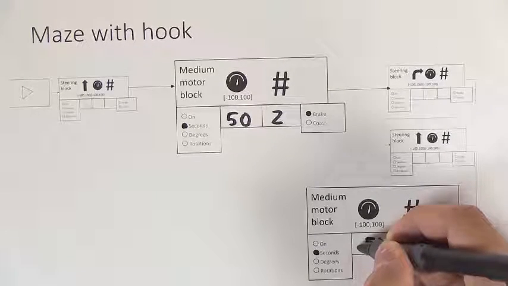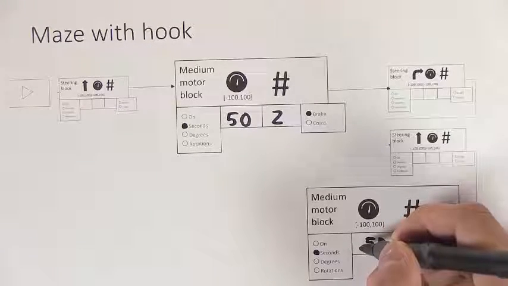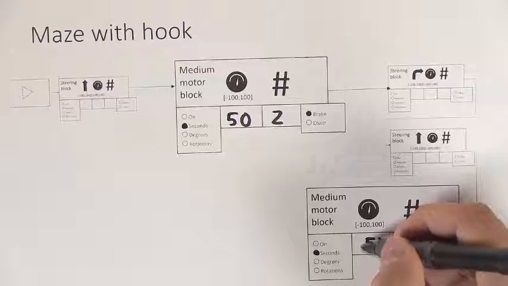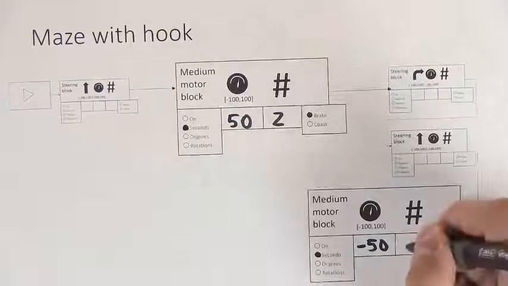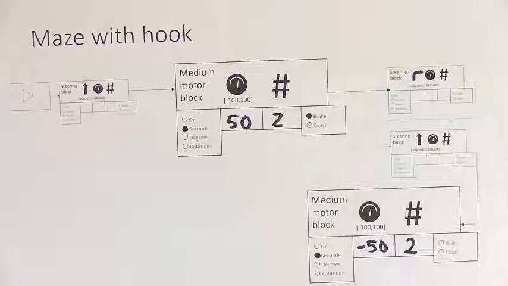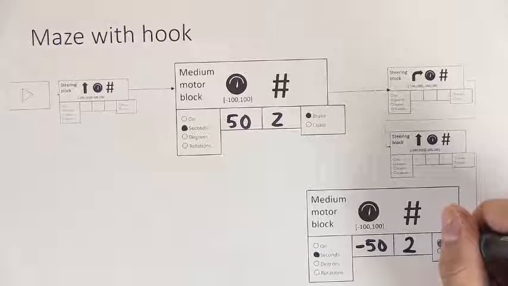However, we need to notice that since we're lowering the arm of the motor, we need to make the value negative. This is important because that is doing the exact same motion that we did earlier, just in the opposite direction. And we will pick 2 once again to return it to its original place, and we will continue breaking.